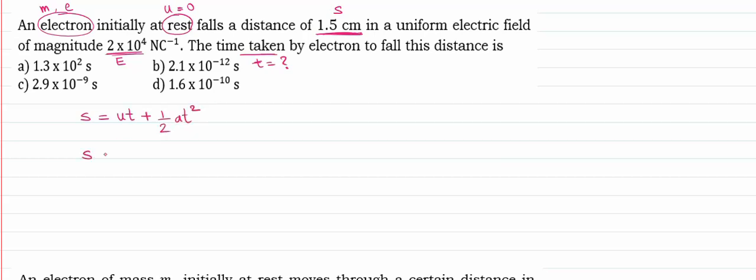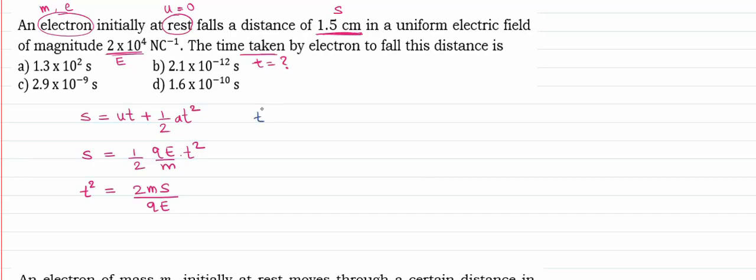Now if you substitute, u is 0, so half a is QE by m into t square. I am required to find t, so t square is equal to 2m into s, cross multiplied to the LHS, divided by Q into E. Now substitute all the values and simplify, you will have the answer.